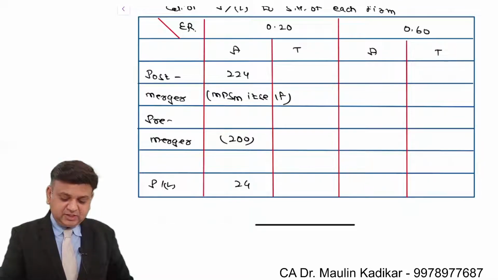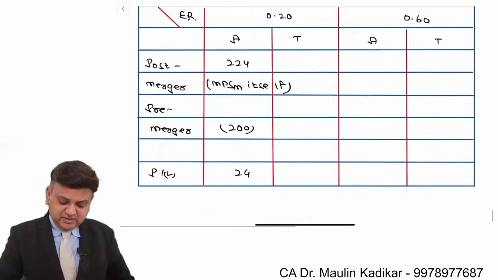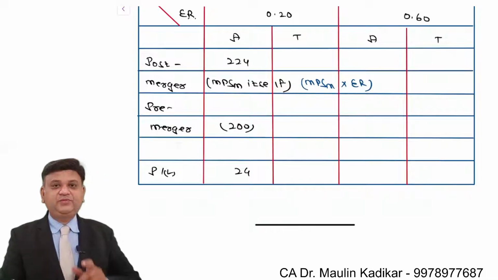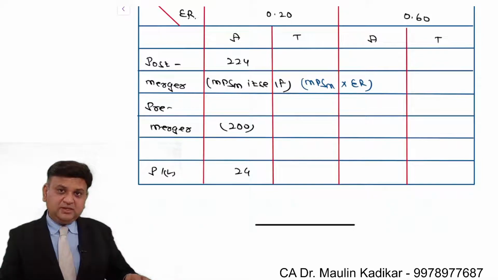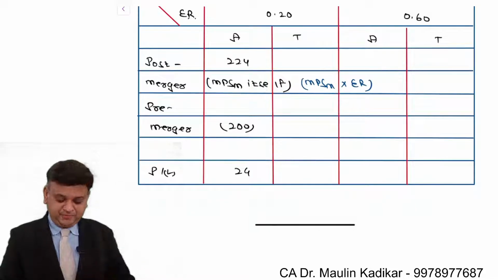In case of the exchange ratio 0.20, for the target company it is the MPS of the merged firm multiplied with the exchange ratio. Because we understand that for one of their shares, they will get the new company's equity shares equal to the exchange ratio.